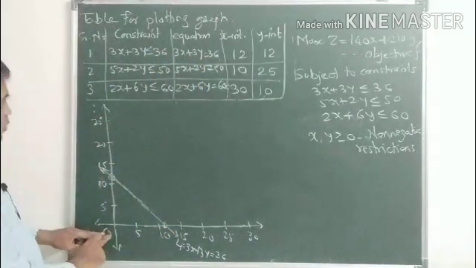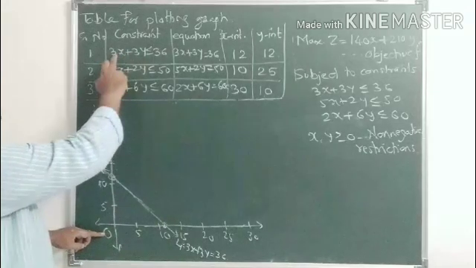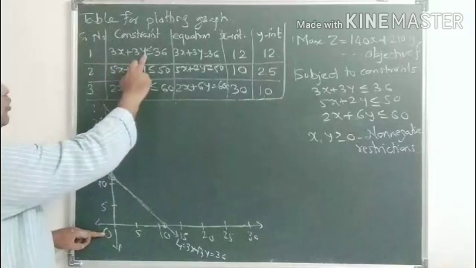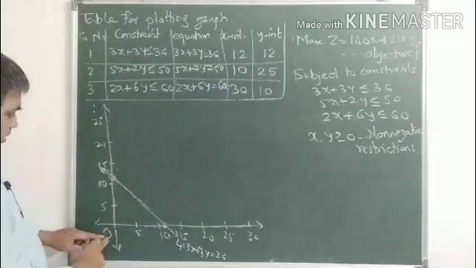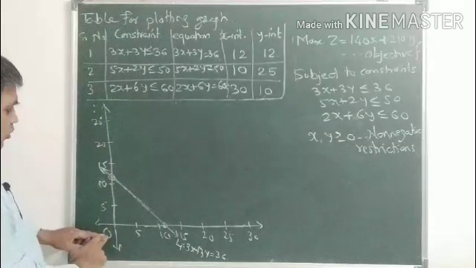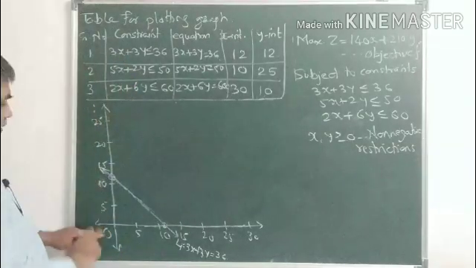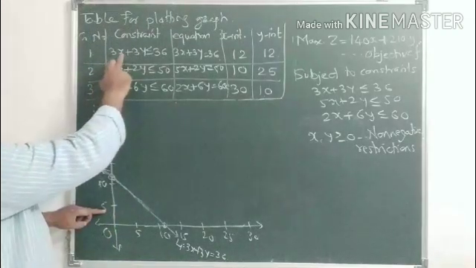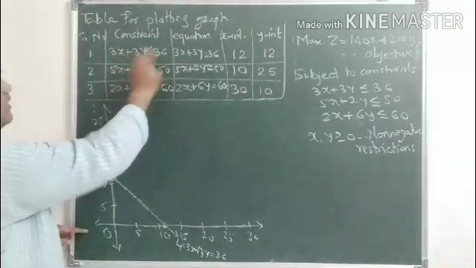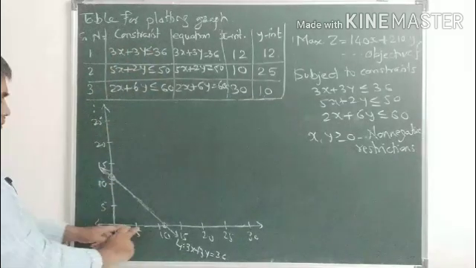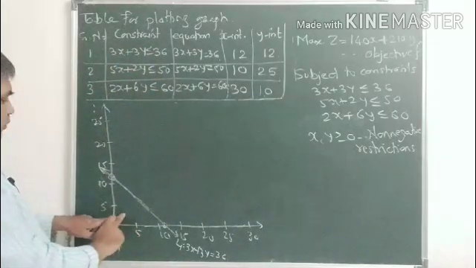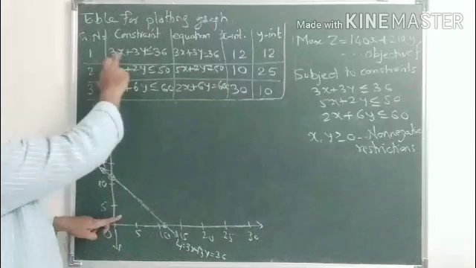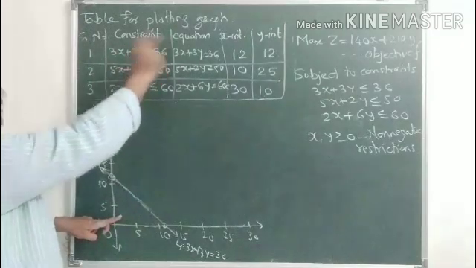Now if I put 0, 0 in this inequality, 3 into 0 plus 3 into 0, it is less than 36. So 0, 0 satisfies this inequality. If I put say 0, 5, I will get 0 plus 15 less than 36. If I take 1, 1, 3 plus 3 less than 36.